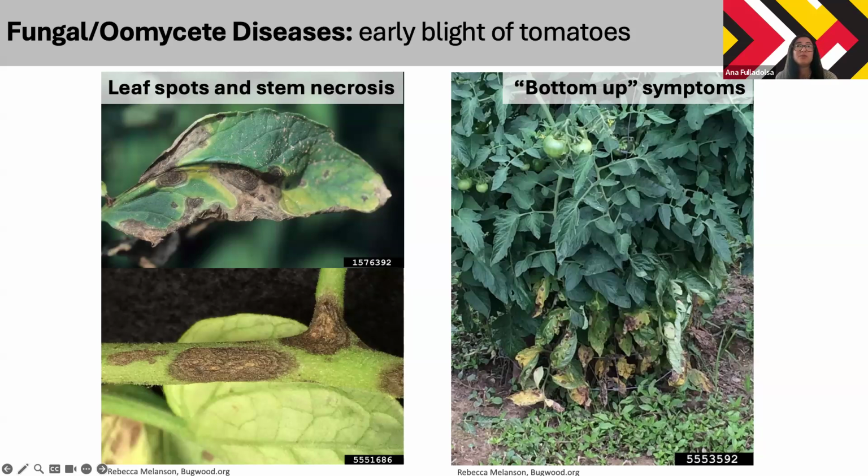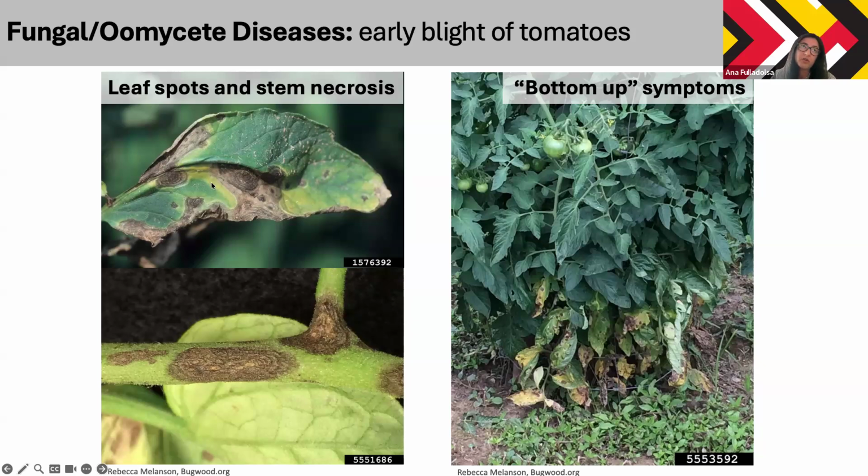But in the case of vegetables, I think the hot and humid weather, which really is a key factor for most of these diseases, has really affected plant growth and health this season. So with the leaf spots, early blight of tomatoes, symptoms of the disease are leaf spots and stem necrosis.